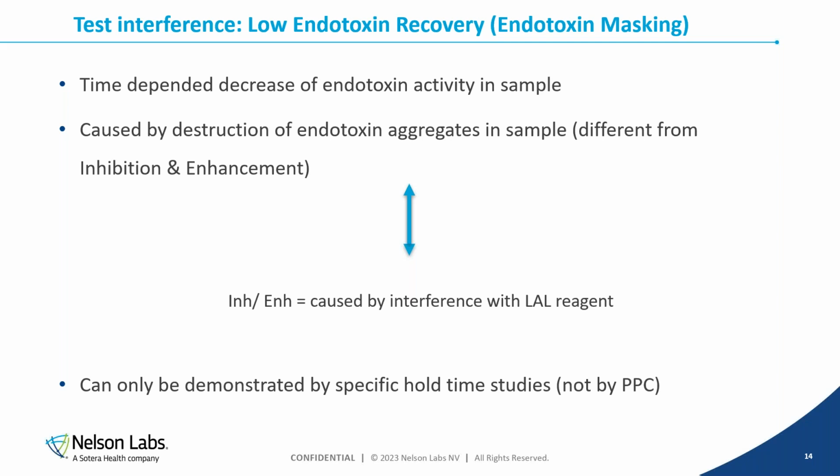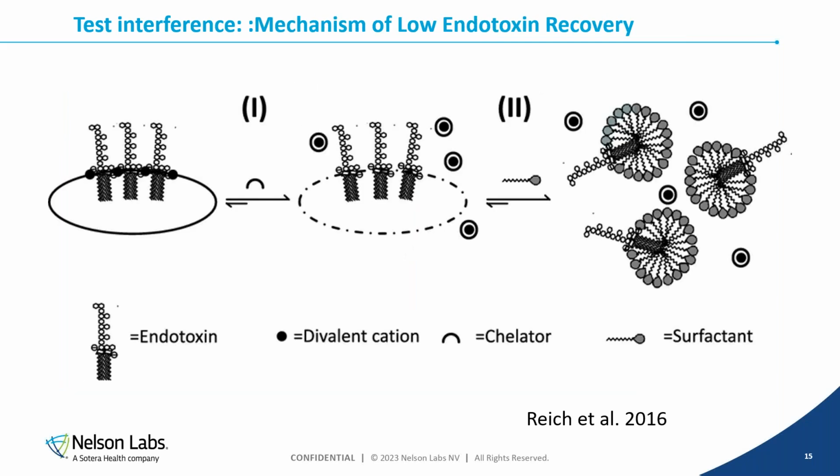The only way to demonstrate that you have endotoxin masking is to organize specific hold time studies. That's nothing more than adding endotoxins and testing at different time points how many you will retrieve. Just to let you understand what endotoxin masking really is.